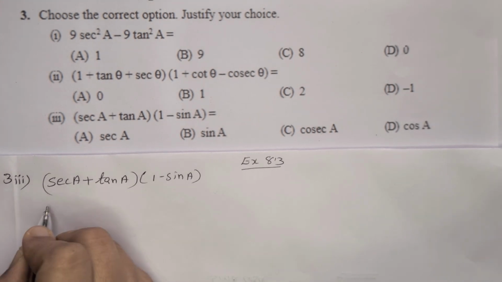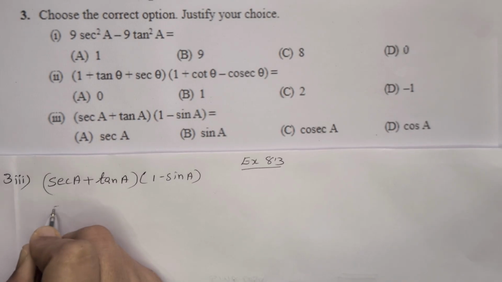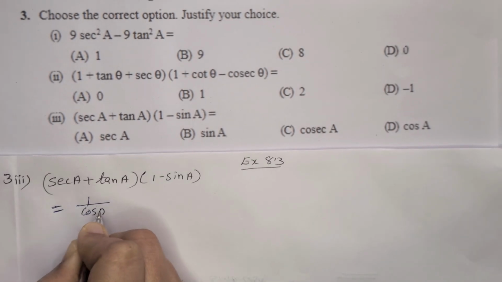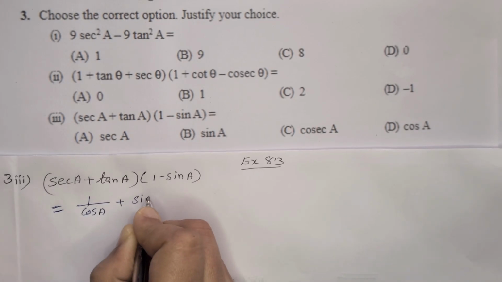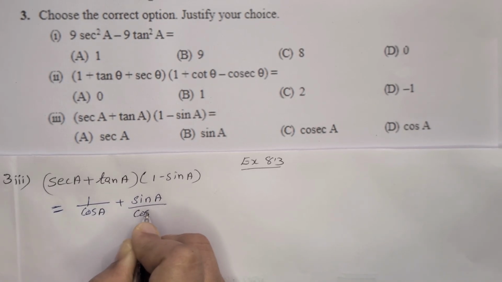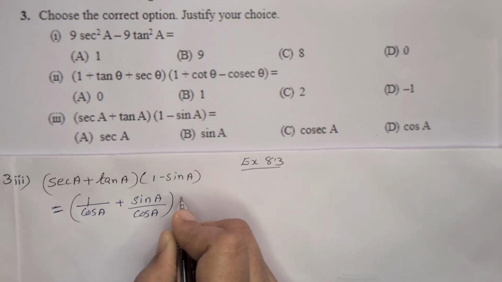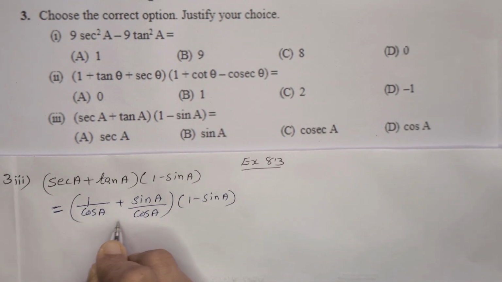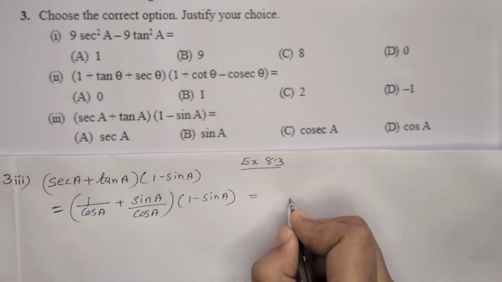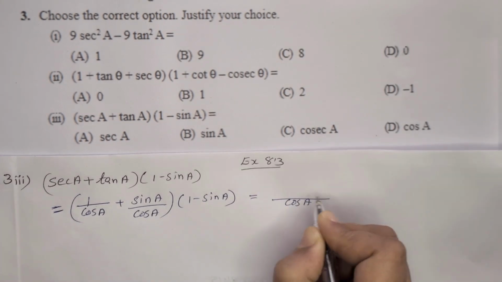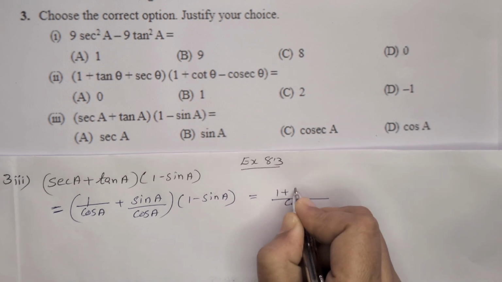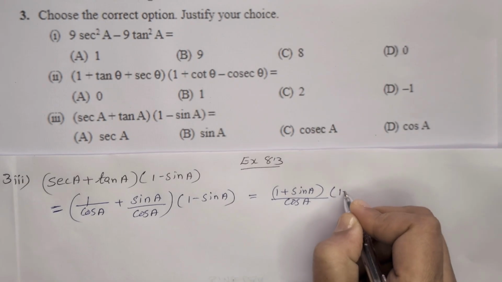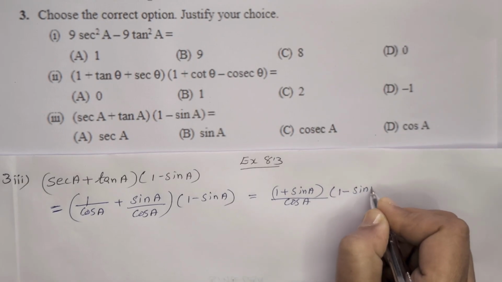Sec means 1 by cos A, plus tan A means sin A by cos A, that into 1 minus sin A. Now here we can take cos A as the common denominator, and the numerator will come 1 plus sin A, and again second bracket 1 minus sin A.